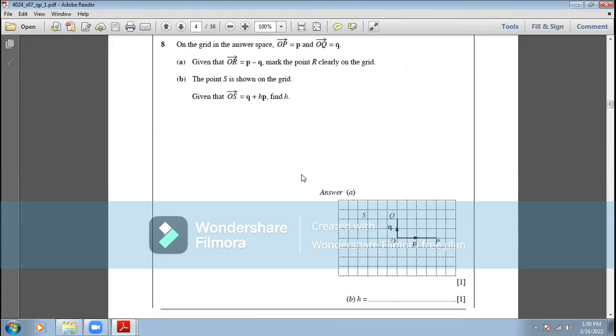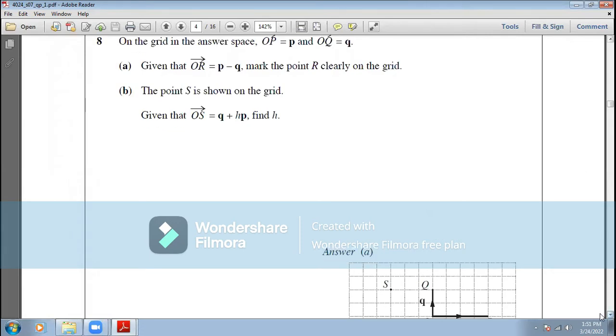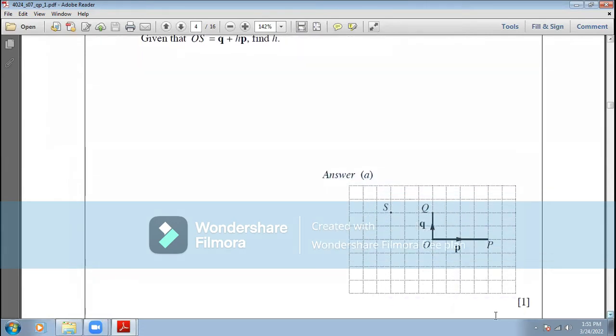Given that OR is equal to P minus Q, mark the point R clearly on the grid. So P minus Q. Let me show you. We have to start from O. P is already there, and minus Q means you move opposite to this.